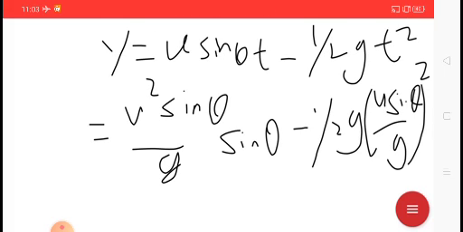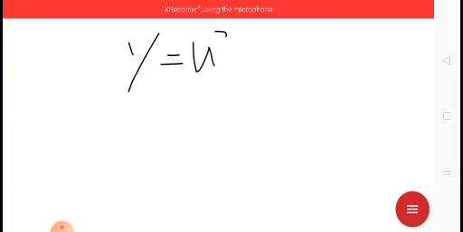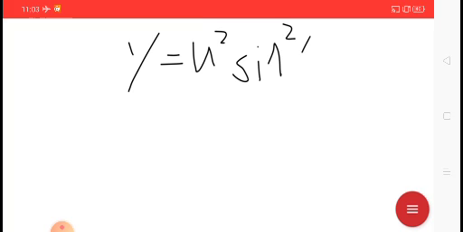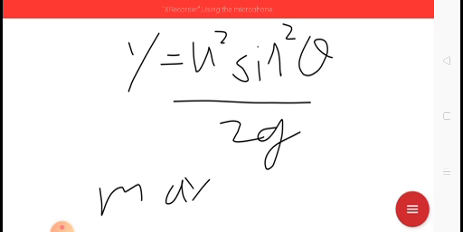And if you simplify and combine it, you will get y equal to u squared sine squared theta over 2g. This is the maximum height equation.